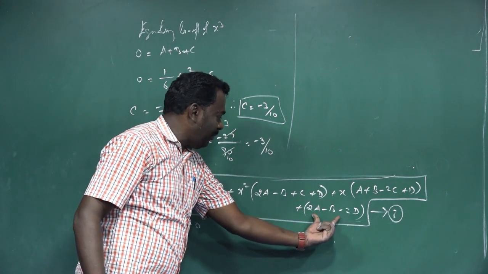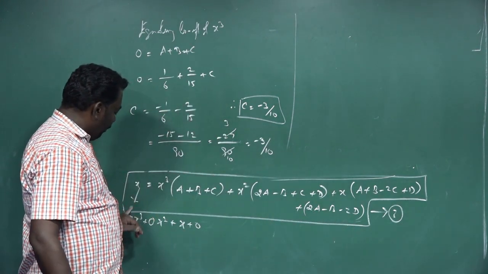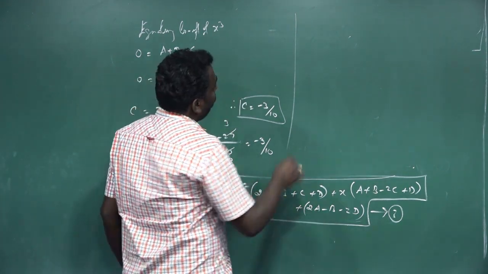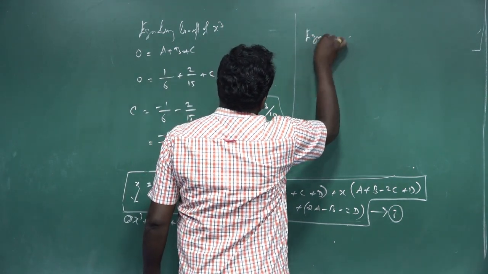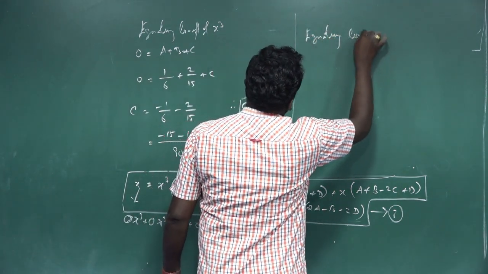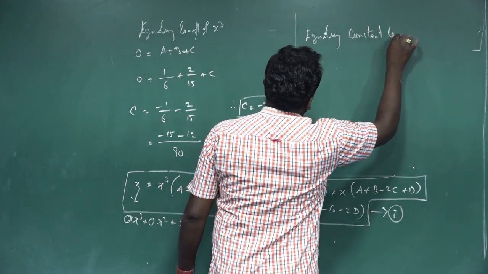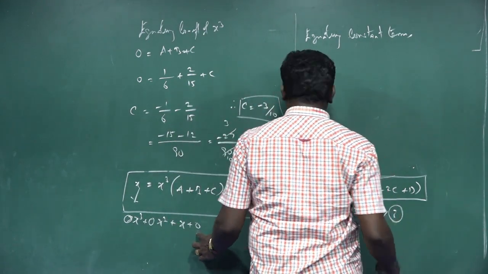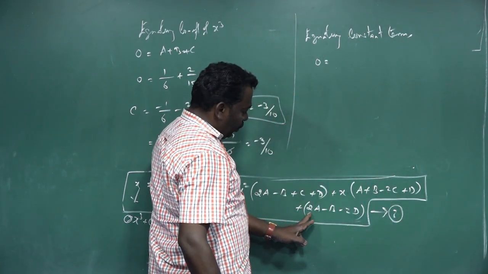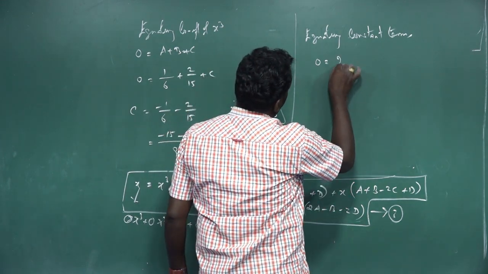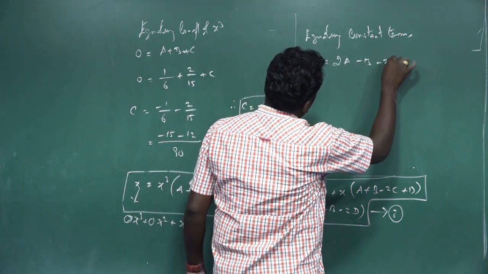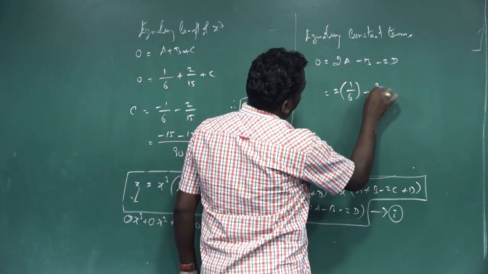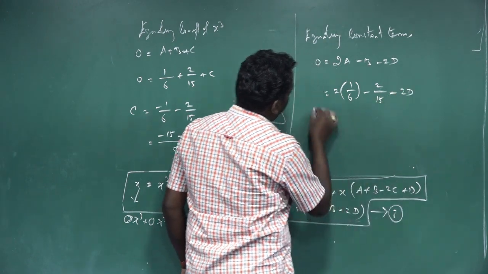So equating the coefficient of the constant term: the left hand side is 0, and the right hand side is 2a minus b minus 2d. That is 2 into the a value 1 by 6, minus the b value 2 by 15, minus 2d, equal to 0.